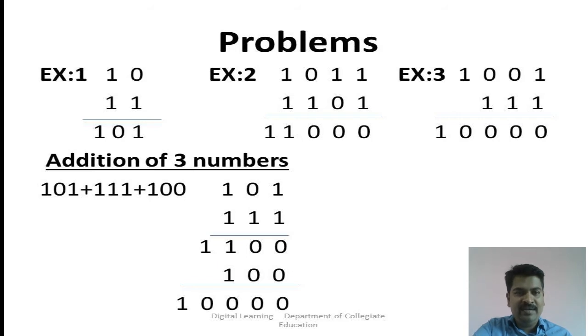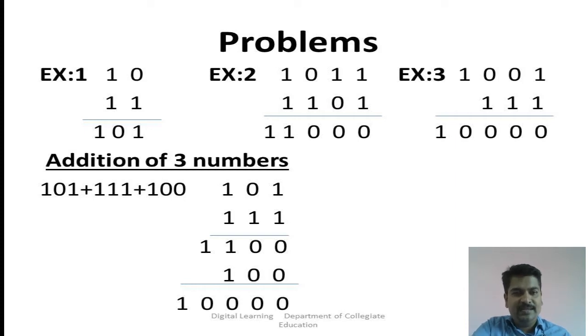Now this 1 and 1 is added first. 1 plus 1 will give you 10. I am writing 0 here and this 1 goes as a carry. Now this becomes 1 plus 1, which will be 10 again. I'll write 0 here and this 1 goes as a carry.